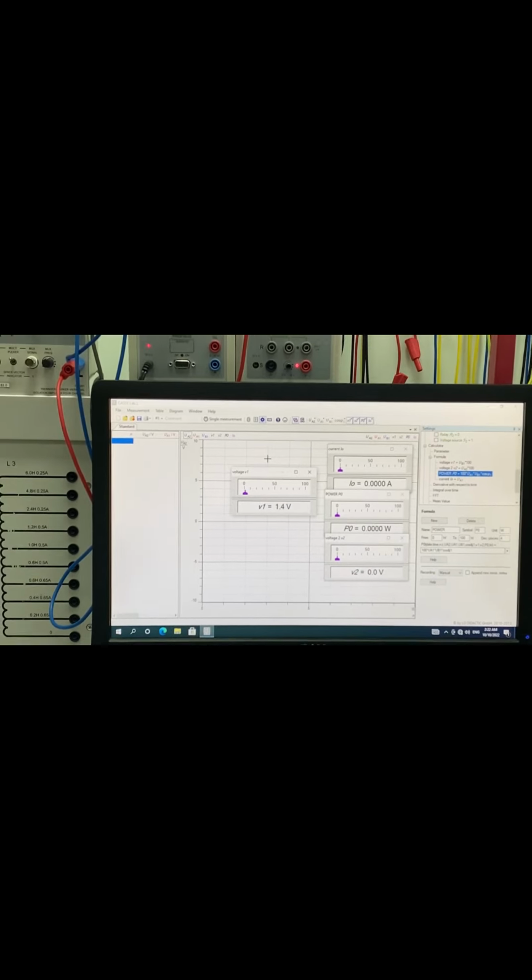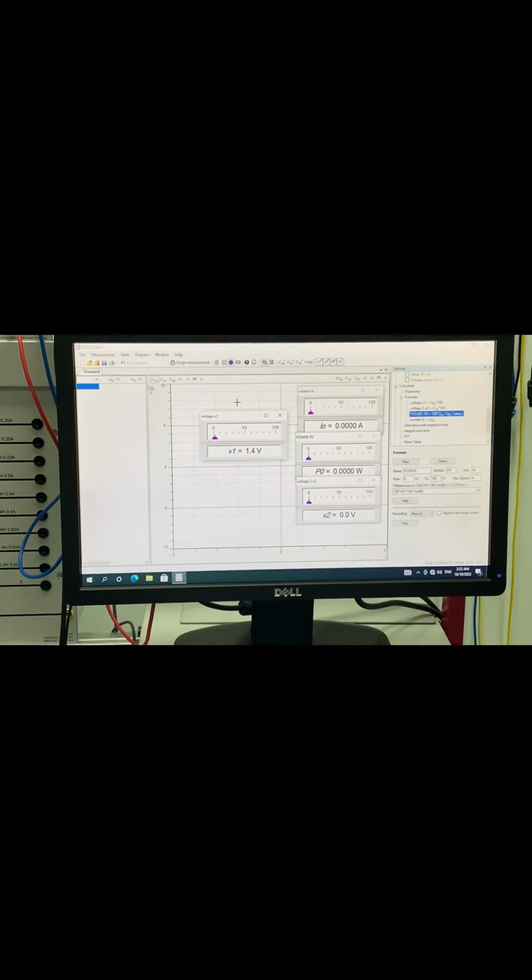We will apply the 230 volt here. Can you see what is our primary voltage? Primary voltage is V1, secondary voltage V2. This is power and current. So everything will happen here, and you will see the values live. You see, I am applying the voltage.